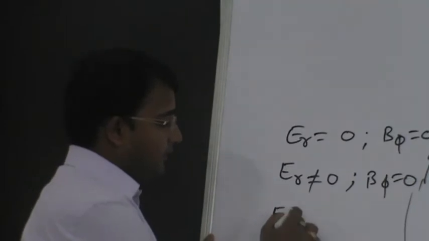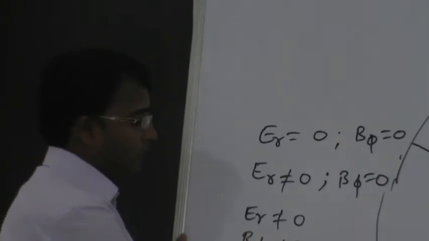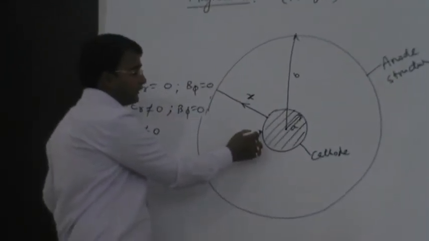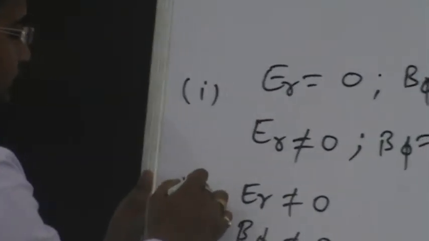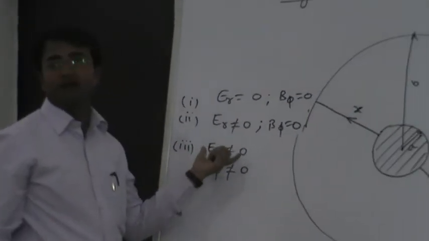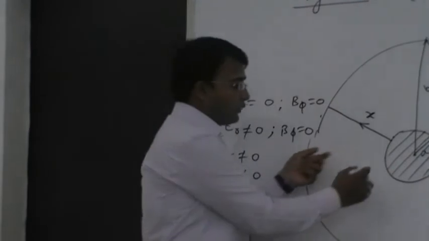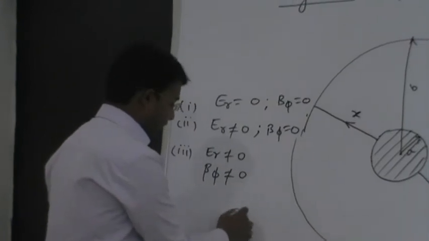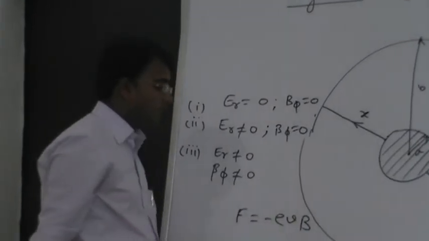If the electric field is there, and at the same time a magnetic field is also there, a non-zero value, what will happen? Because of the perpendicular magnetic field, the electrons emitted, this is the second case. Third case: if the radial electric field is non-zero and the magnetic field is also non-zero, the electron emitted will face a force equal to EVB.